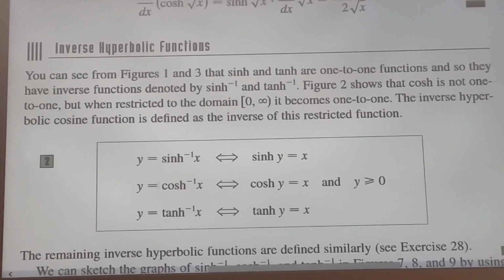So if I say y is equal to inverse cosh of x, that is the same as saying cosh y is equal to x, for y greater or equal to 0.